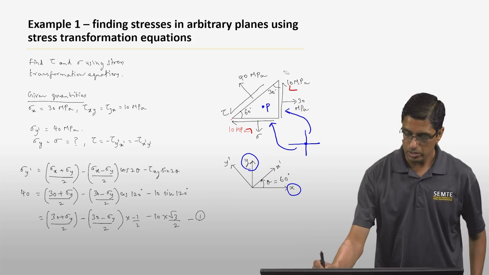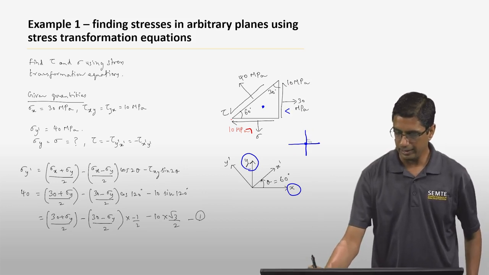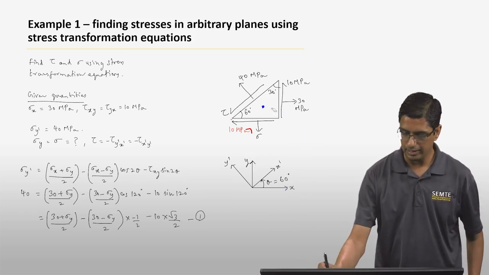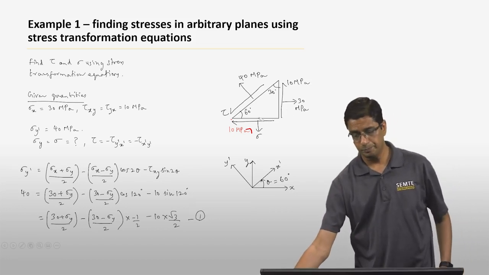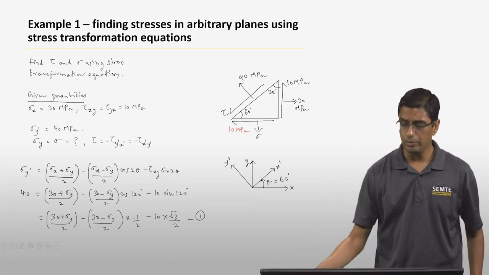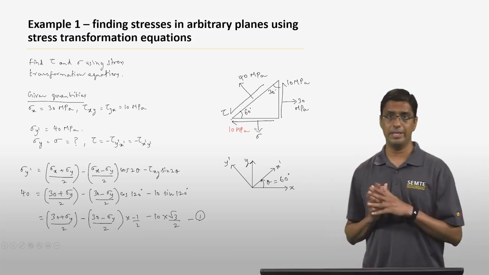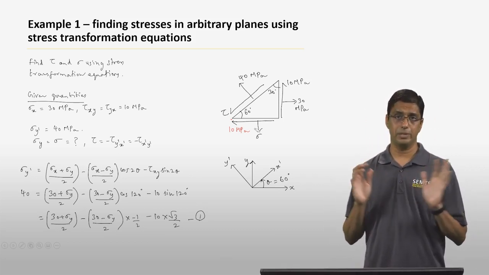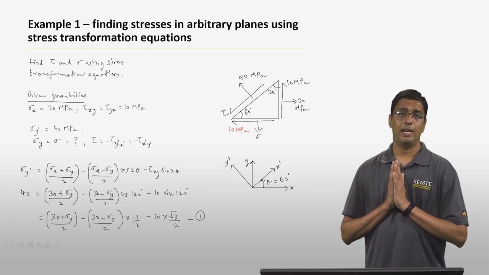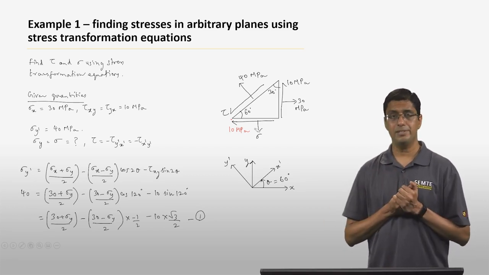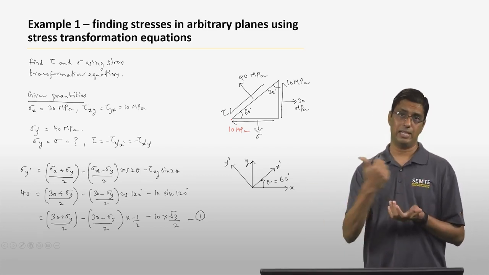Let me clear off all these annotations so that it's a little bit cleaner to look at. Now we have this problem and we are given the stresses on three different planes passing through a specific point. In each of these planes you have a normal stress and a shear stress.